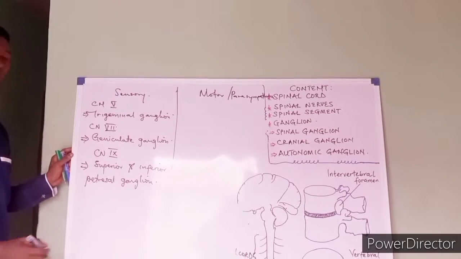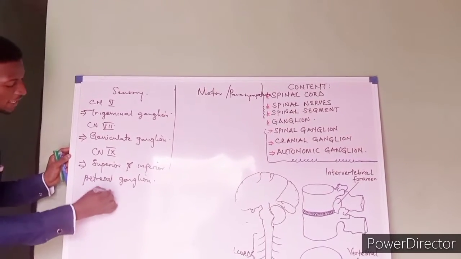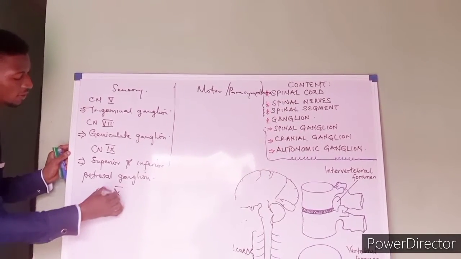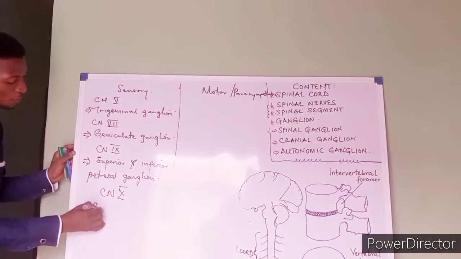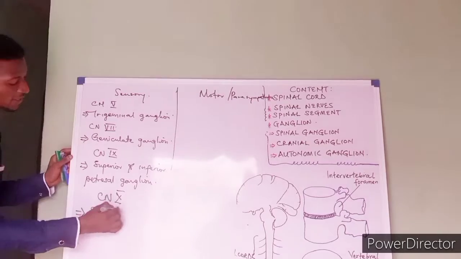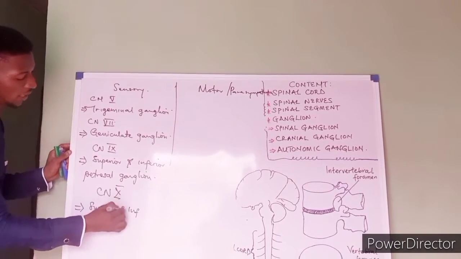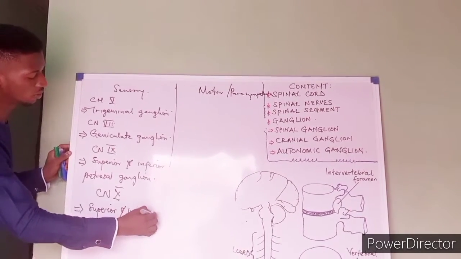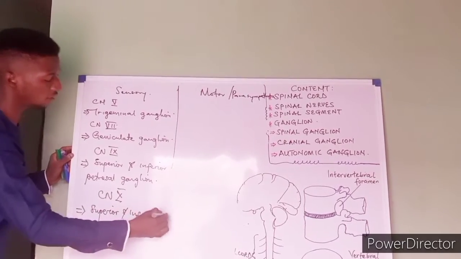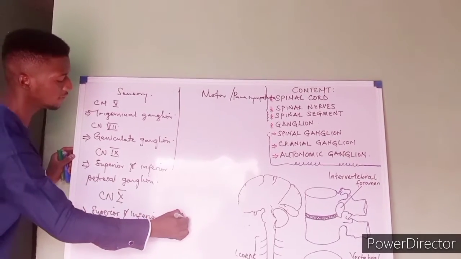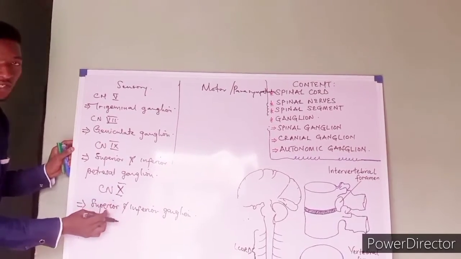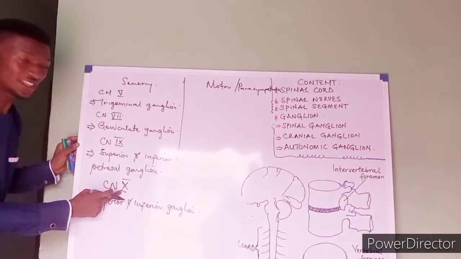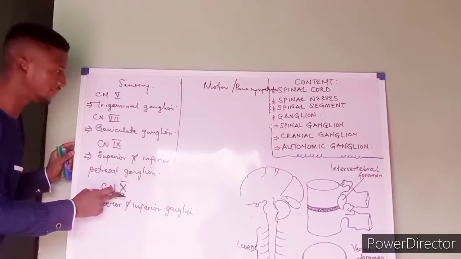Okay, let's talk about cranial nerve 10. It gives rise to the superior and inferior ganglion. So here, this ganglion emerged from cranial nerve 10. What's cranial nerve 10? That's the vagus nerve.